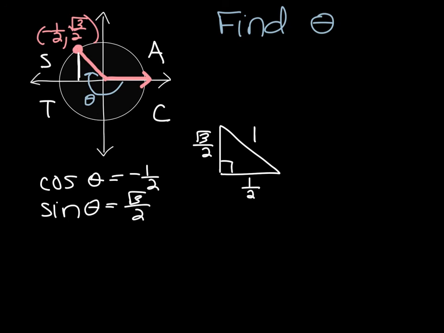That means this is a 30, 60, 90 right triangle, which means across from the 1/2 must be the 30-degree angle, and across from the radical 3 over 2 must be the 60-degree angle. That means this angle here, the reference angle that we're looking at, has to be across from the radical 3 over 2, so it has to be 60 degrees.